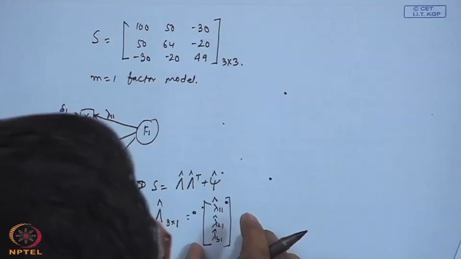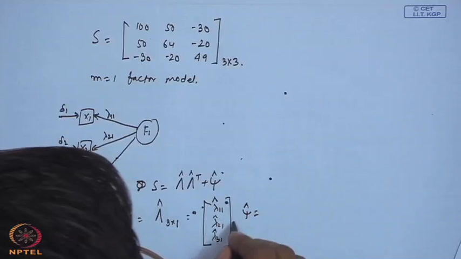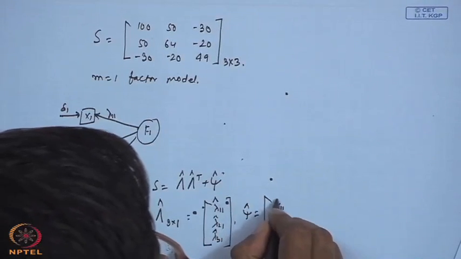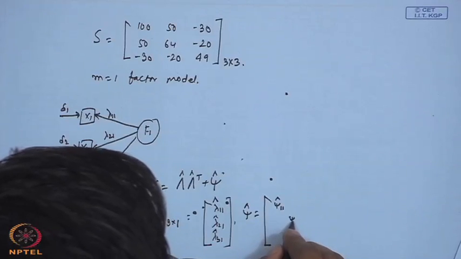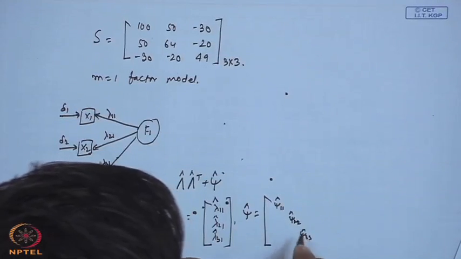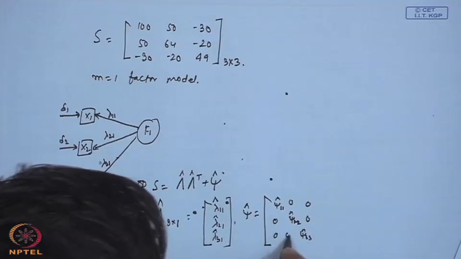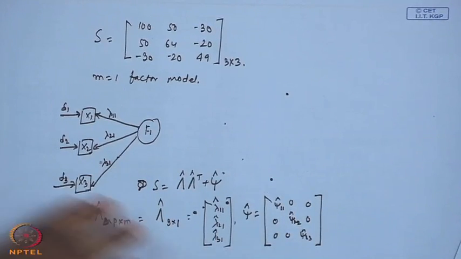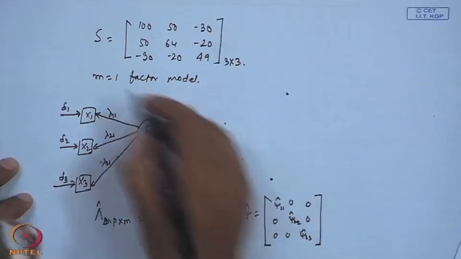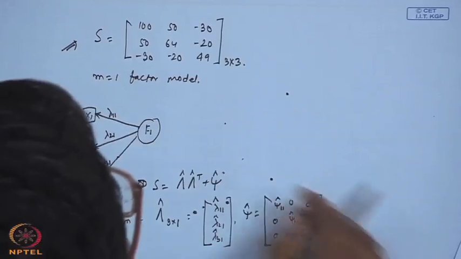In addition, we want psi cap, which will be psi 1 cap, psi 2 cap, psi 3 cap on the diagonal, with 0 elsewhere. We want this from this data using principal component analysis.